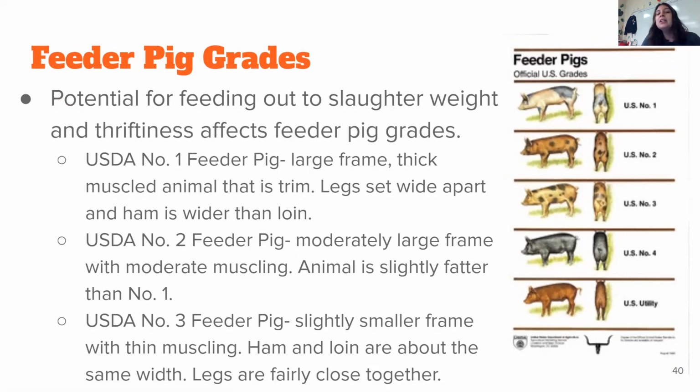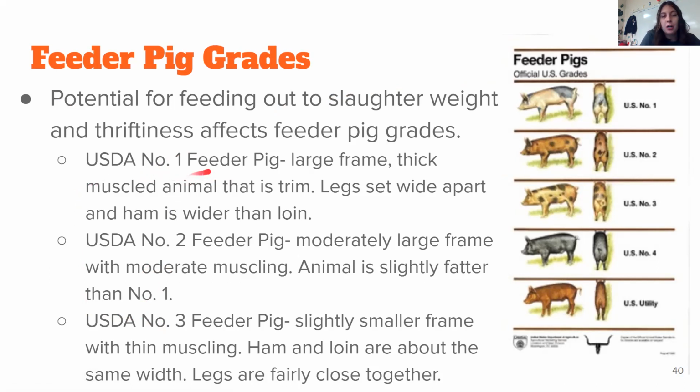With pigs, it's a little bit easier because we group quality grades and yield grades together to form one grade, making our life a little bit easier, thankfully. So the grades for pigs are literally just numbers: number 1, number 2, number 3, easy stuff.